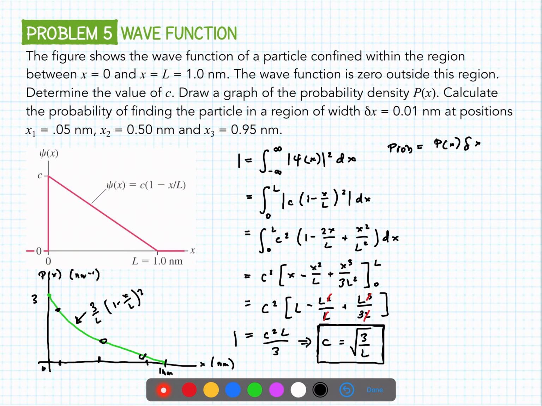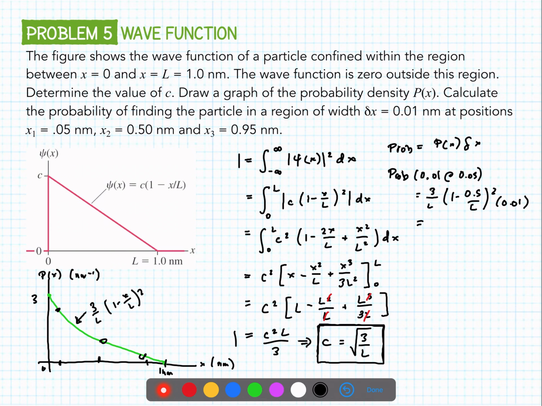So if we want to find the probability that you're in 0.01 at 0.05, that should be equal to 3 over L times (1 minus 0.05 over L) squared times 0.01.